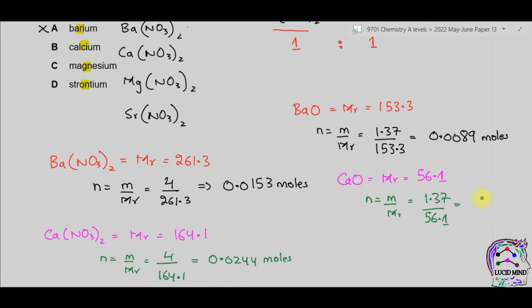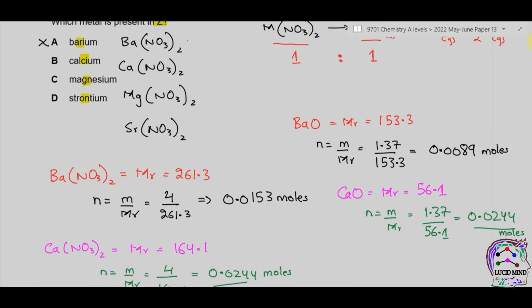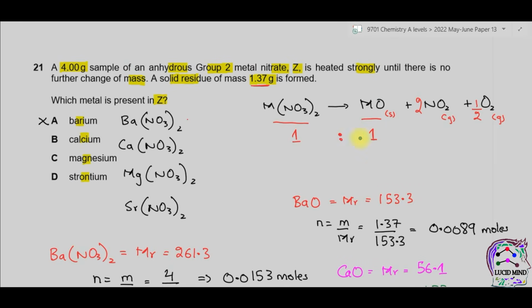It is equal to 0.0244. So this is according to the balanced equation. Both moles are the same as is in this equation, 1:1 ratio. So therefore calcium seems to be correct. Answer is therefore B.